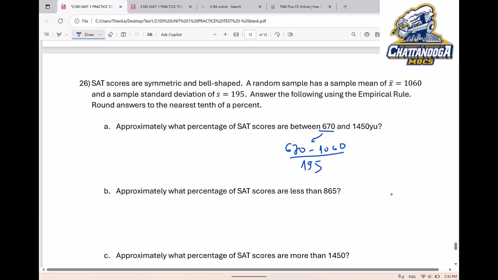If you do that, you get -2. The same thing for 1450: subtract 1060, divided by 195. So this one is 2 standard deviations above the mean, right? So below and above 2 gives you 95%.